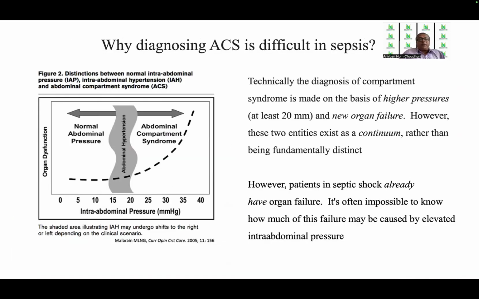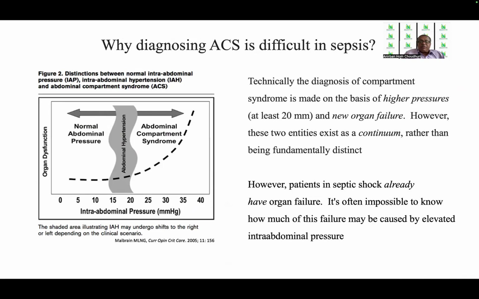Another important point to remember is that diagnosing abdominal compartment syndrome is difficult in sepsis. Technically, the diagnosis of compartment syndrome is based on higher pressures, which should be at least 20 millimeters of mercury, and a new organ failure. However, these two entities exist as a continuum rather than being fundamentally distinct. Patients in septic shock already have organ failure.